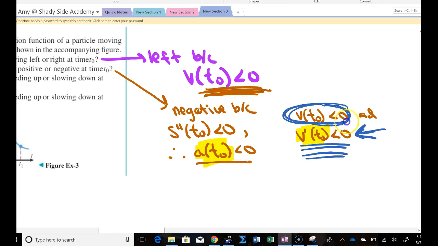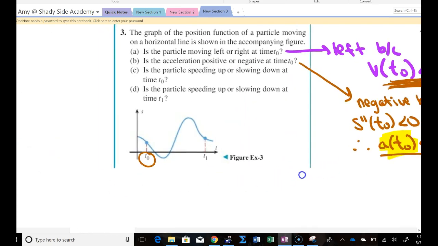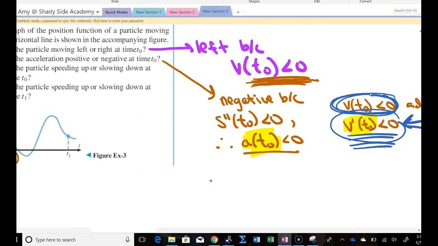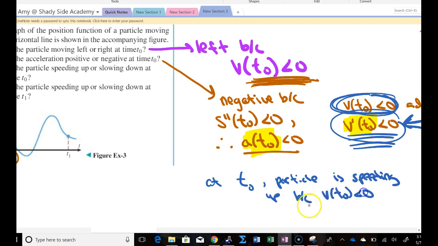If the velocity is negative already and getting more negative, that means the particle is speeding up. So at t naught, the particle is speeding up. You can write this down because v of t naught is negative and it is getting more negative.